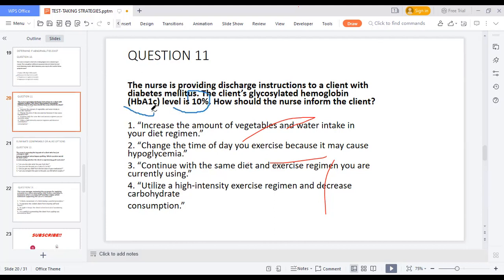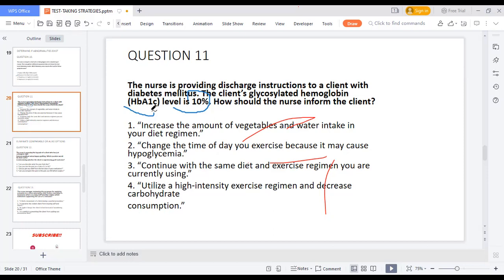Now, most questions that often come on these, as you might have seen, are about HbA1c. It is the lab test to determine how the client's blood sugar has been within the last 3 to 5 months, right? This is the common question that comes on this. You're surprised to see this one today. Yep.